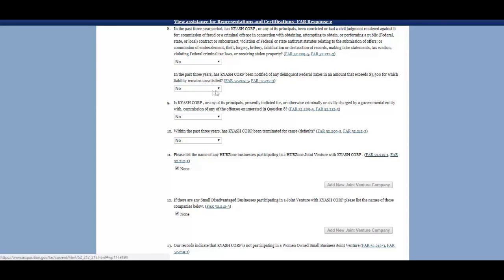Thank God, no. Okay, here are the two FAR provisions that this question addresses. 9, is Kayash Corp or any of its principals presently indicted for or otherwise criminally or civilly charged by a governmental entity with commission of any of the offenses enumerated in question 8? No. Within the past 3 years, has Kayash been terminated for cause or default? No.